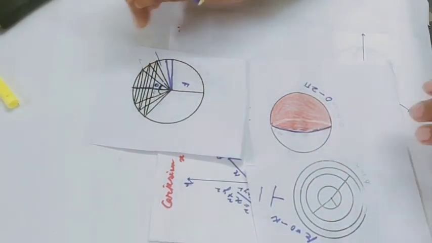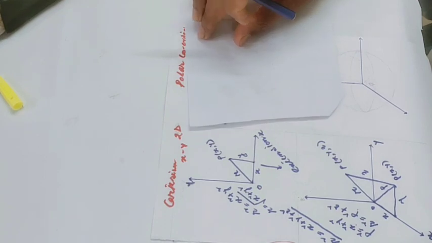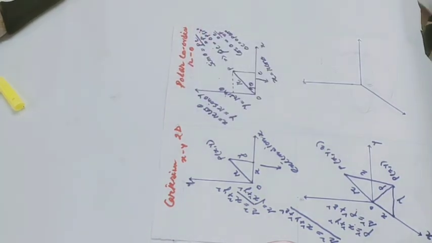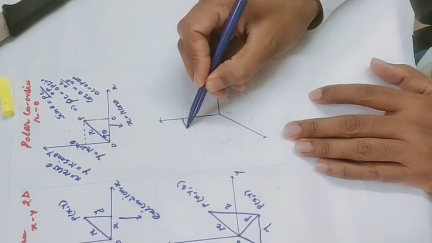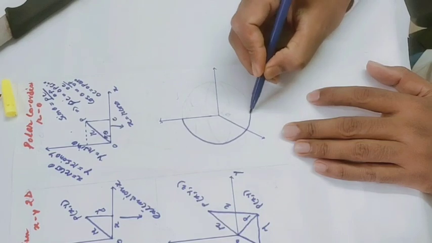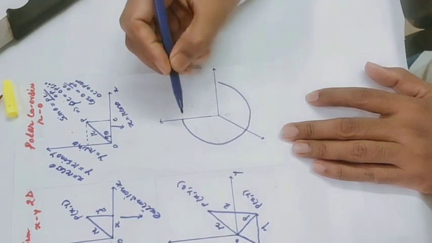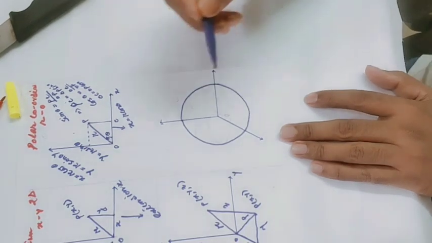Now we will extend this part towards the spherical polar coordinate system. Now let us try to represent it. So this is the sphere. You draw it, a sphere. Okay.